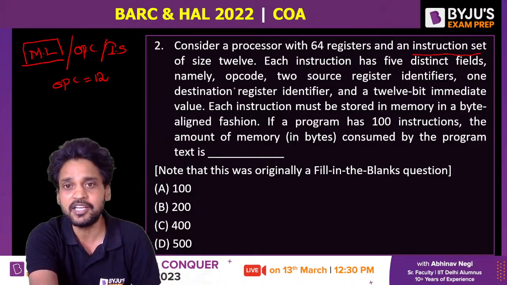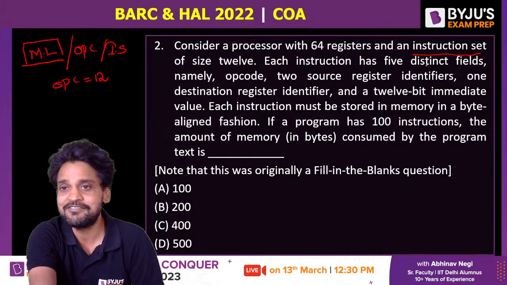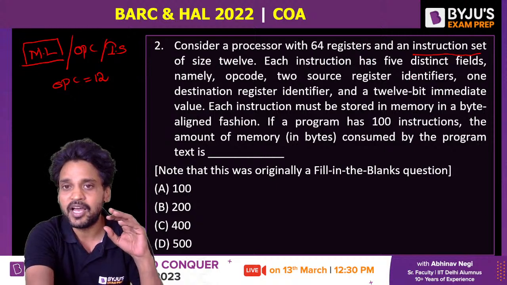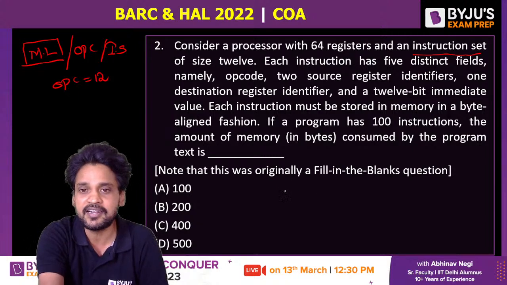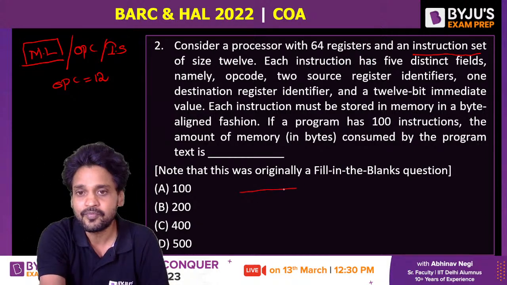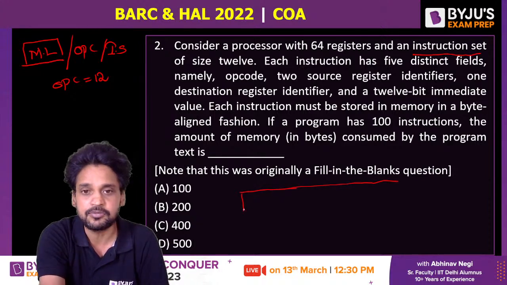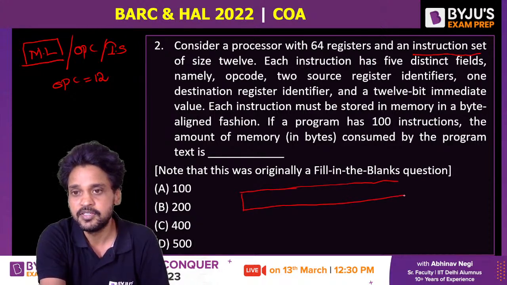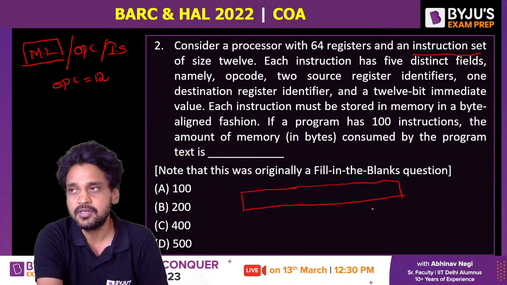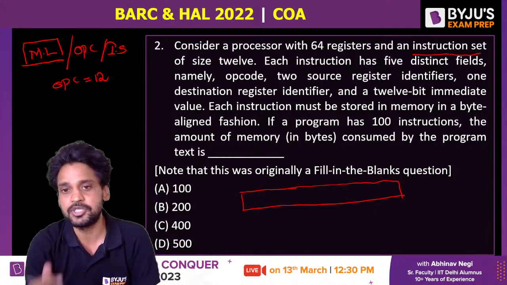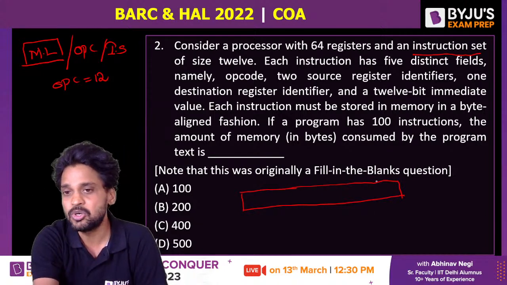The next thing is, each instruction has 5 distinct fields. Without any ambiguity, we will directly draw the block diagram of an instruction. 500 is correct, but I'll give you another dimension in solving this question. What is the total number of fields?